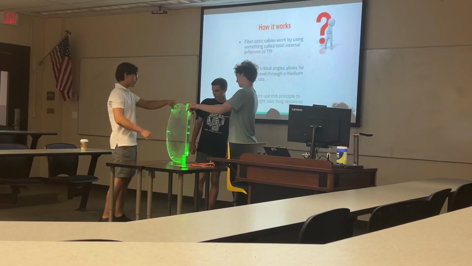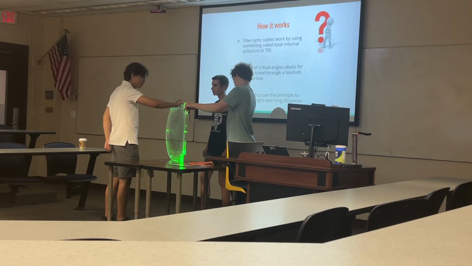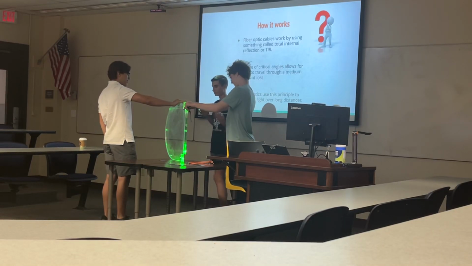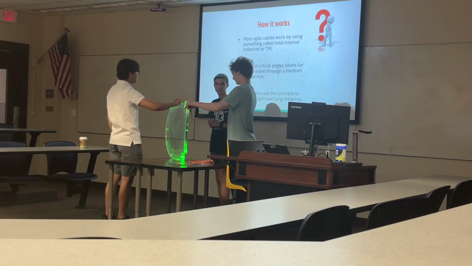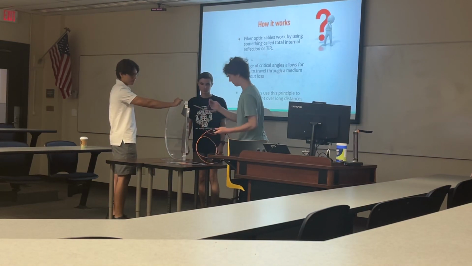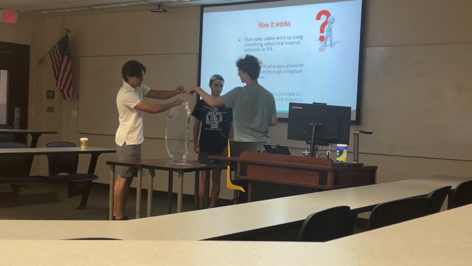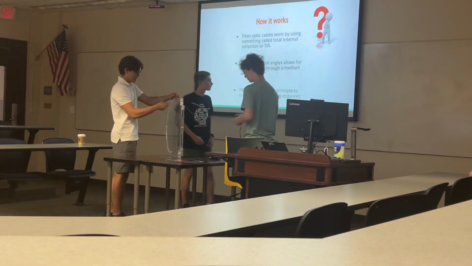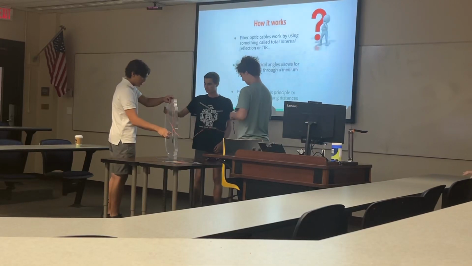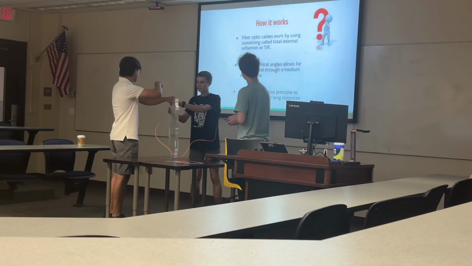Using this, we can transmit tons of data really fast. Essentially, it just bounces along for a while. Alright, so this is a fiber optic cable. This is another demonstration that we have here.